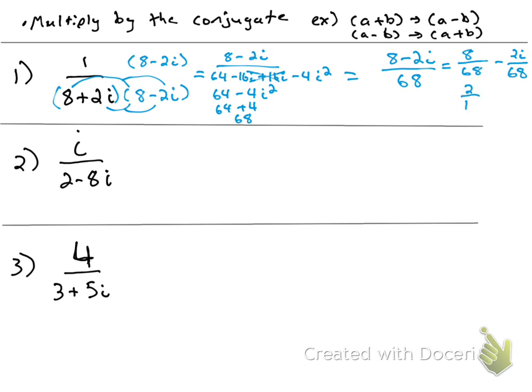Nice. 2 over 17. Very good, Royce. And then what would 2i over 68 simplify to? i over 34. Good. Minus i over 34. And so that is how Savas will want you to write that solution.